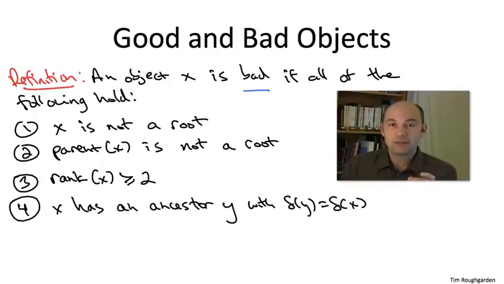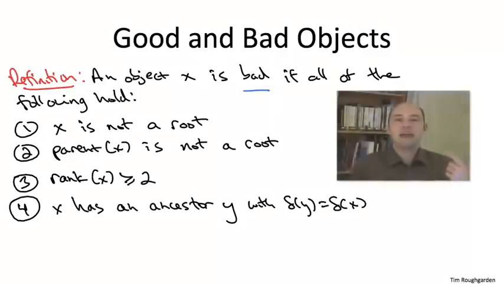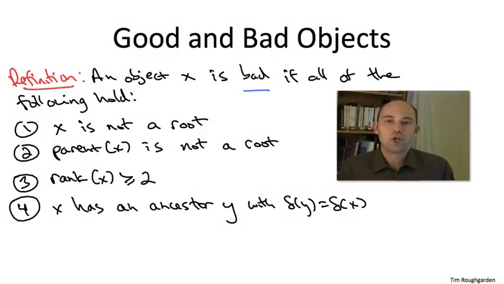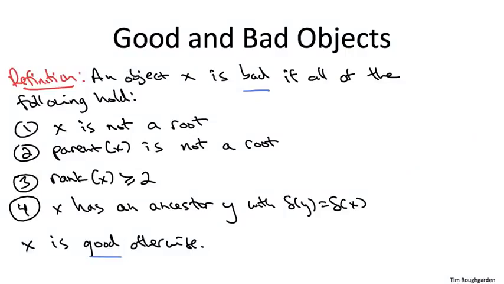So if an object X has delta of X equal to 2, for it to be bad, there has to be some ancestor object Y that also has a delta value equal to 2. And again, if X fails to meet any of these 4 conditions, then X gets a pass. X is called a good object.